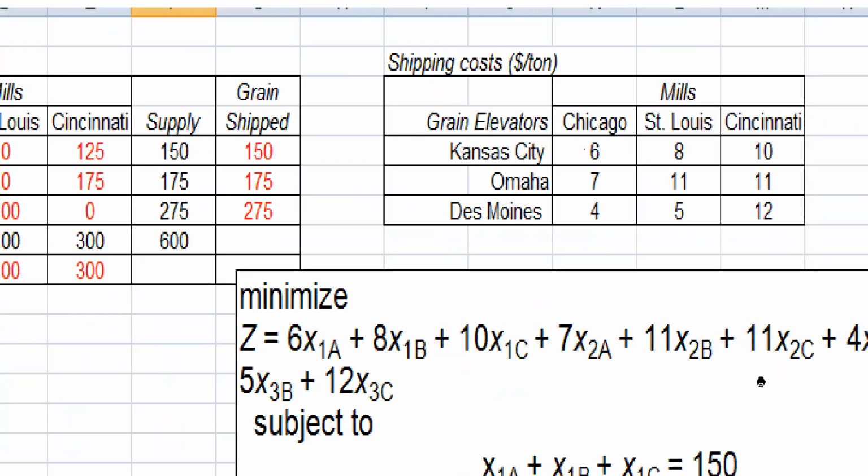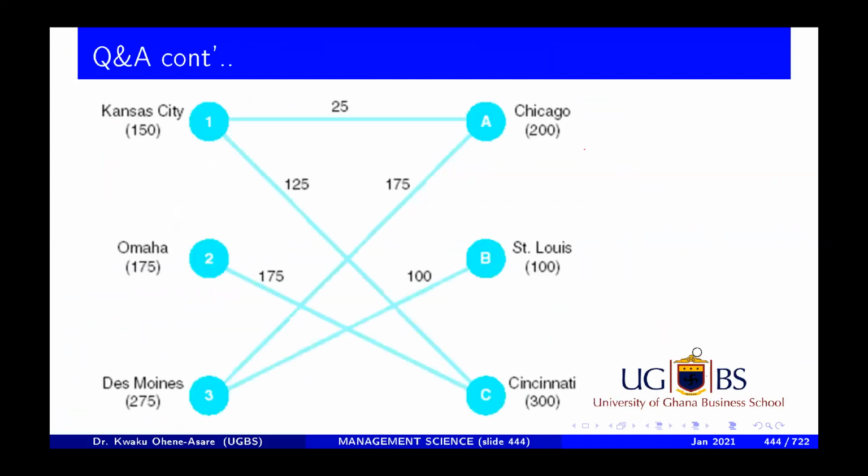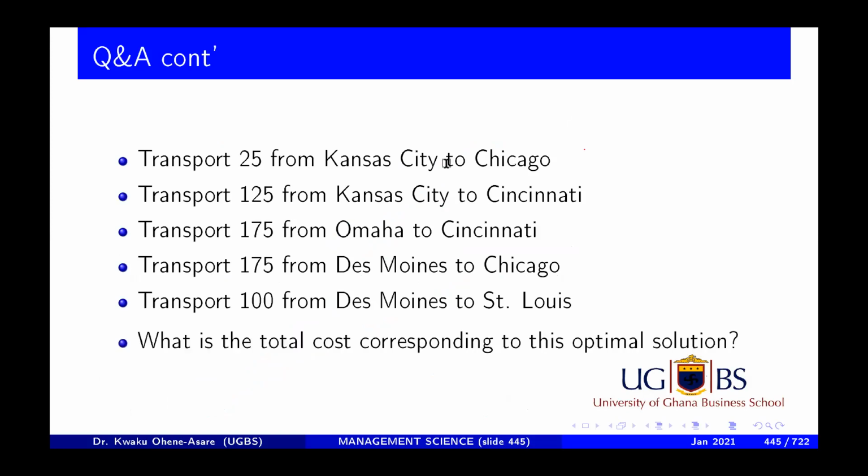And that is exactly what I do here. By the way, you can redraw the whole thing now and show those 25, 125. You can redraw it, which is part of the question. And then you can say it as well: transport 25 from Kansas City to Chicago, just as I indicated.